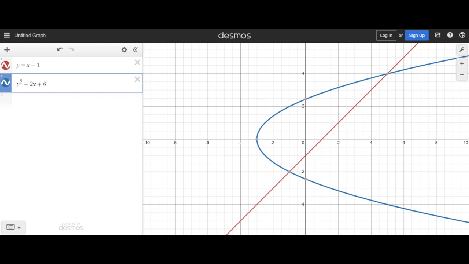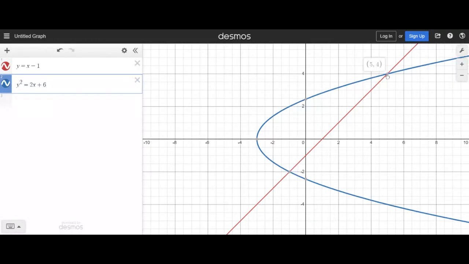What's nice about Desmos is if you click on where the point is, and click on the other intersection point, see there? Those are your intersection points. Pretty cool, right? The intersection points are (5, 4) and (-1, -2).